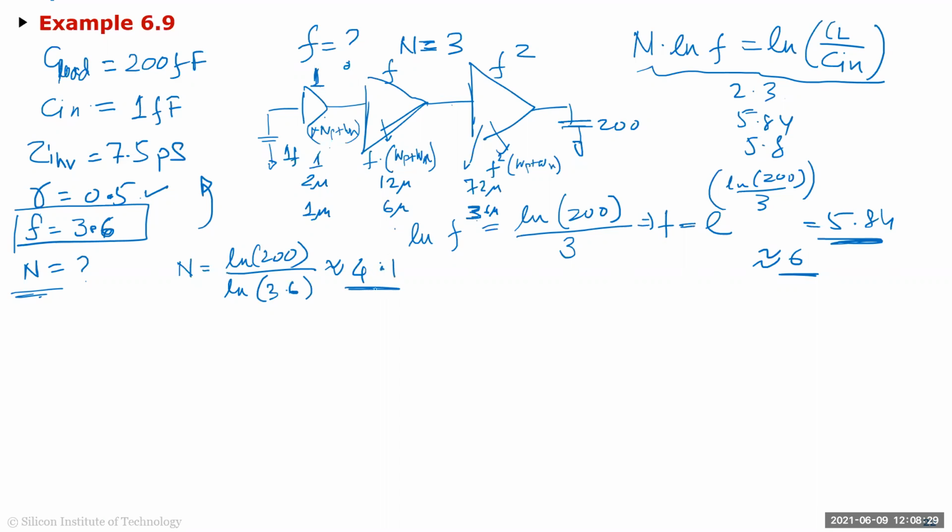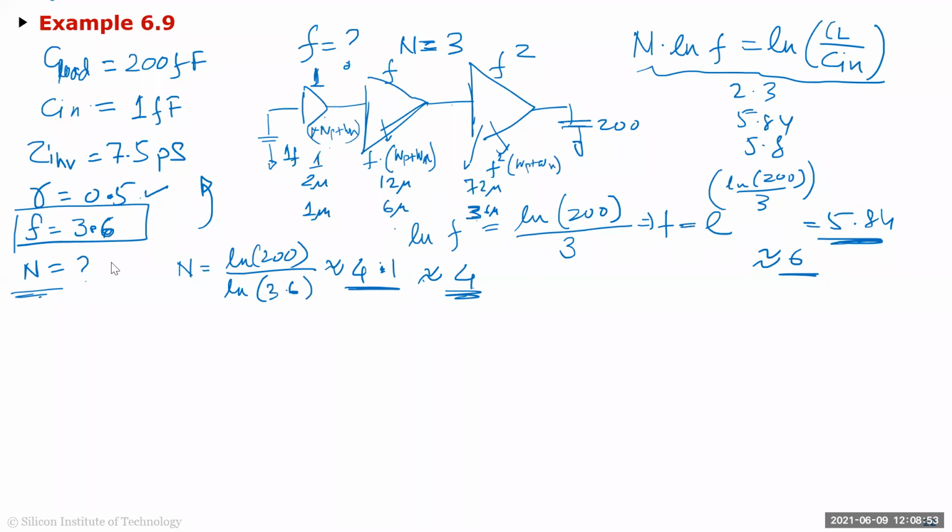But obviously I can't have fractional stages, so I need to take the nearest whole number. So I'll do 4 stages. Like I said, I can't have fractional stages, so 4 stages.